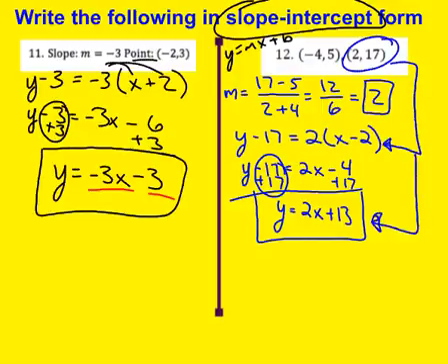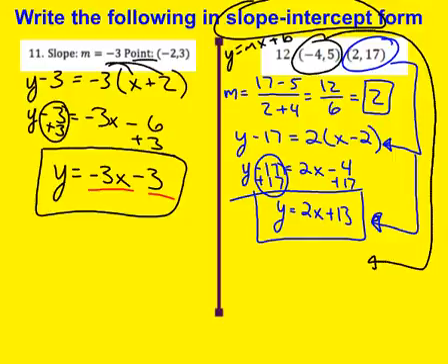Here, I get this. Okay, let's check my answer a little bit. I'm going to use the negative 4 and 5. So if I would use that, I would have y minus 5 equals 2 times x plus 4.